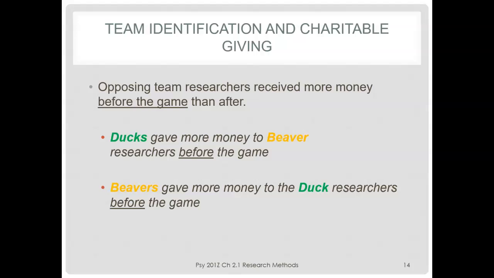Interestingly, before the game, subjects who gave to opposing team solicitors gave more money than they ended up doing when solicitation happened at the end of the game. Now, something that this tells us is that the game outcome may have played a role in how much people gave.